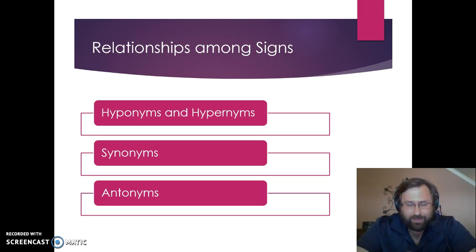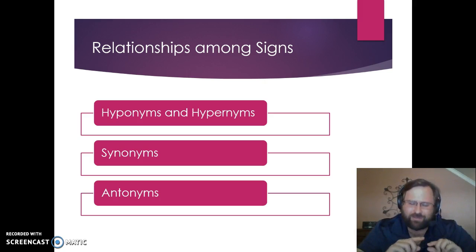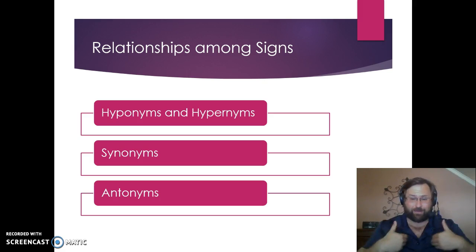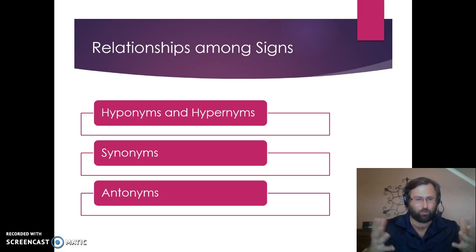Signs can also be categorized into relationships. We've already talked a little bit about this, although we didn't use these terms. We mentioned that sometimes in sign language there's no hypernym, there's no category word, but we have lots of examples of little hyponyms. For example, in ASL we have the sign animal, and that sign animal is a category.